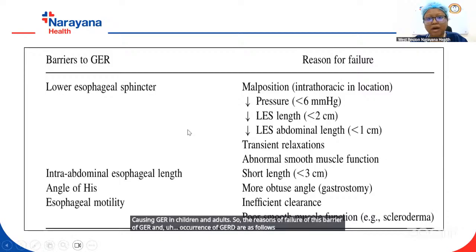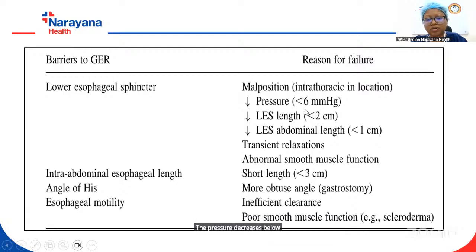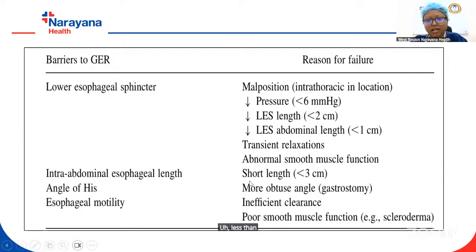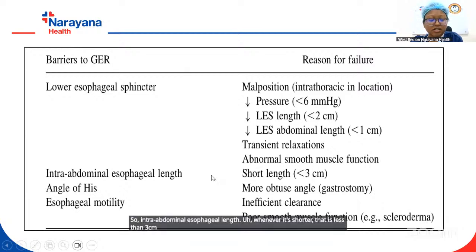It can occur due to malposition of the lower esophageal sphincter, that is, the pressure decreases below 6 millimeters of mercury. The length of the lower esophageal sphincter is less than 2 centimeters. Abdominal length is less than 1 centimeter, and there is abnormal smooth muscle function. Whenever the intra-abdominal esophageal length is shorter, that is less than 3 centimeters, GERD occurs.